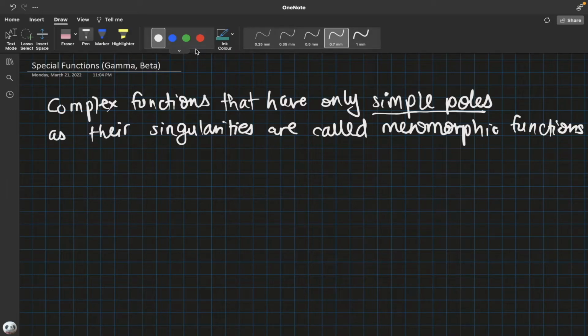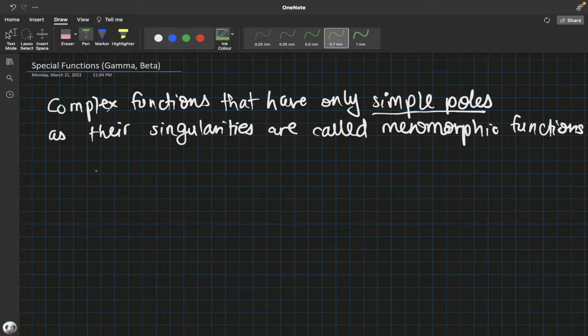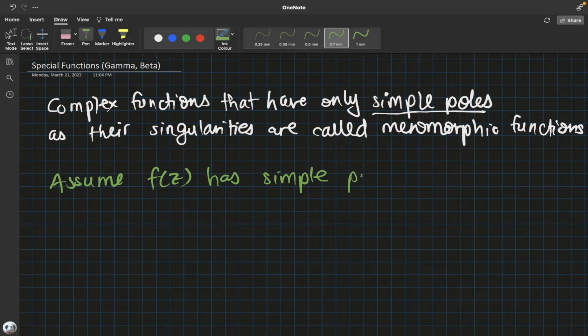Now, what this allows us to do is derive a really nice formula. So assume f of z has simple poles, my handwriting, simple poles at, say, z_j, where j goes from 1 to N, and capital N could be infinity, as I said.